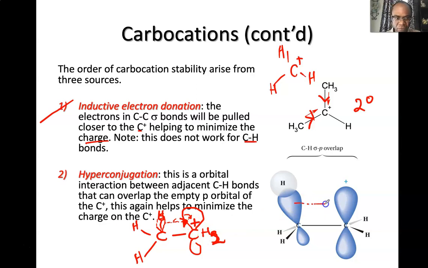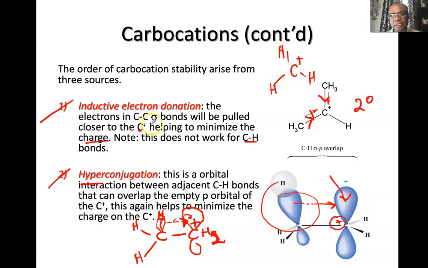So if this orbital at a moment swings by this side, the electrons that make the bond between the hydrogen and the carbon will be shared with this empty p orbital, and that stabilizes the plus character. That process is called hyperconjugation. This is an orbital interaction between the adjacent CH bonds that can overlap with the empty p orbital of the C plus.